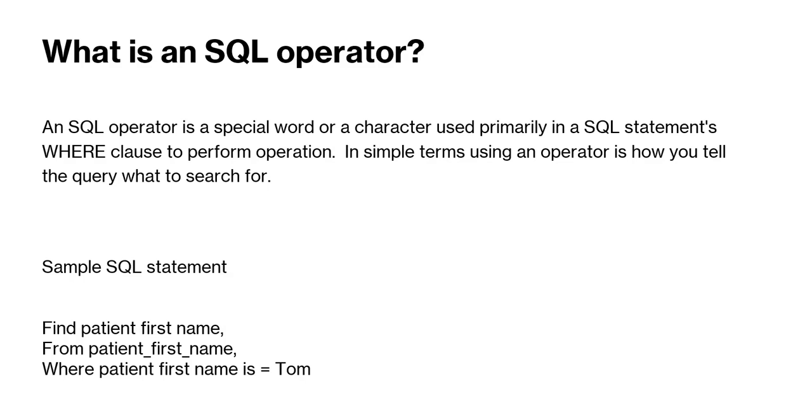And here I have a sample SQL statement. And remember, this is a structured language and certain words mean certain things, and words don't always mean what they say. For example, from actually means what table I want you to go get the query from, and where actually means what I want you to find.